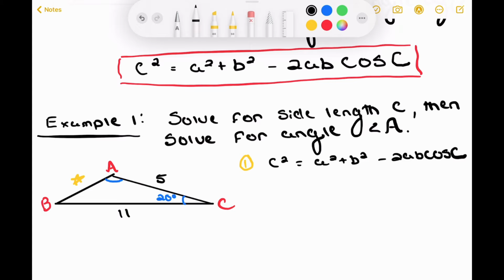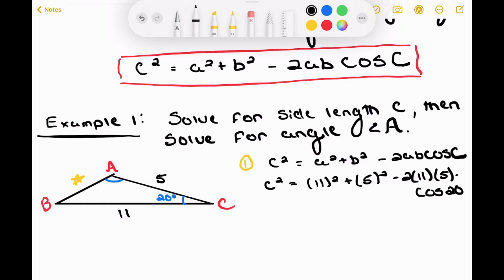We don't know c, obviously, because that's what we're solving for. We know a, which is opposite the A angle, so that's 11 squared, plus b, which is opposite the B vertex, 5 squared, minus 2 times 11 for a, 5 for b, and then cosine of the angle at C here, which is 20 degrees. These are all multiplied.